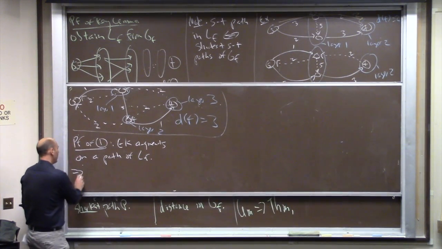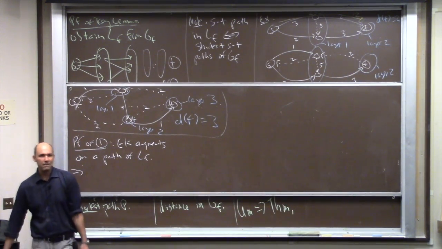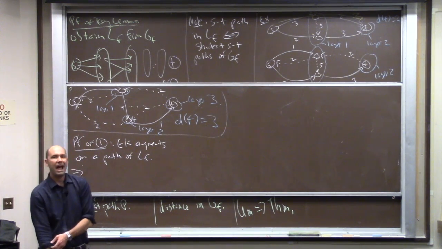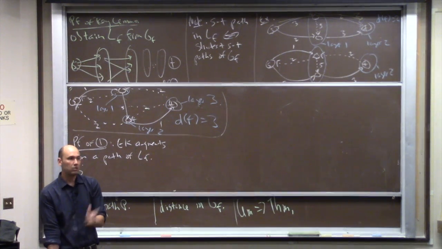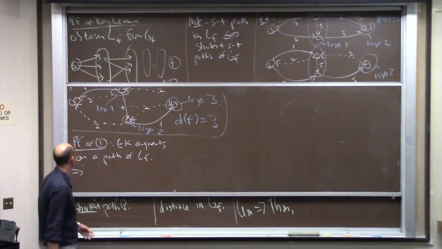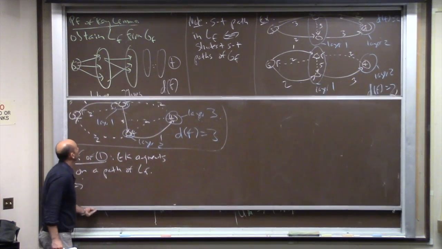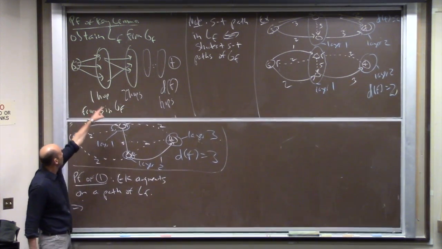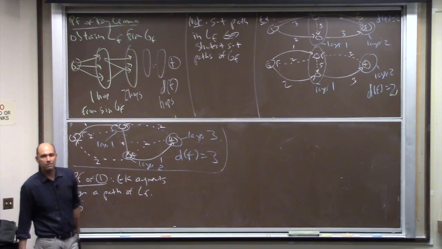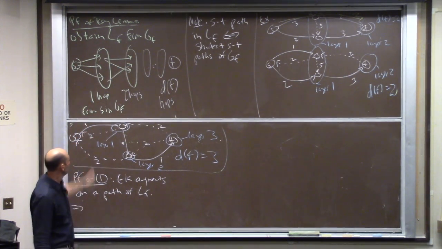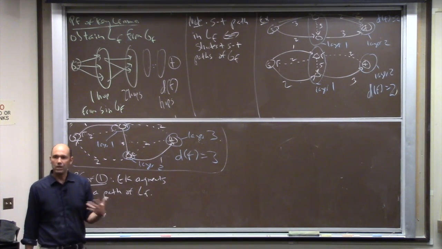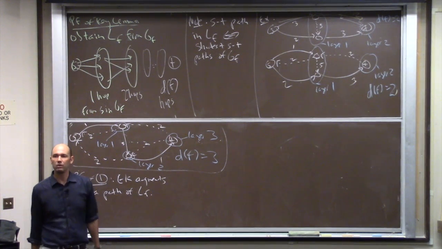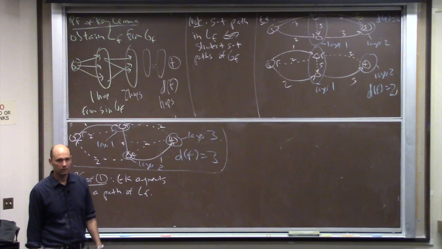Now, what are we worried about? We're worried that somehow some newly shorter path appears after we do this augmentation. Currently, we have a residual graph where maybe it takes 5 hops to get from S to T, so there are 5 layers. We're worried that we do an augmentation, and suddenly we could get there in only 4 hops. How could that possibly happen?